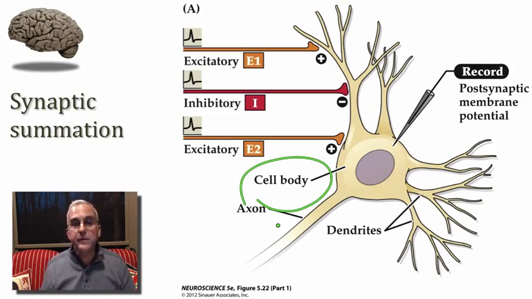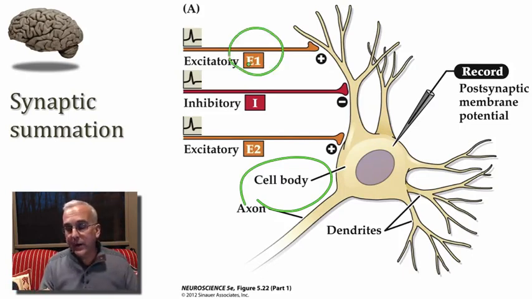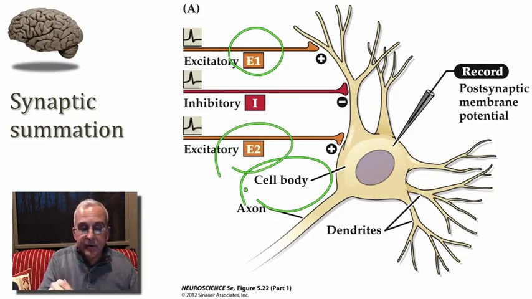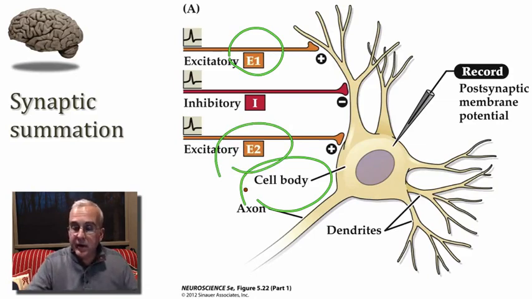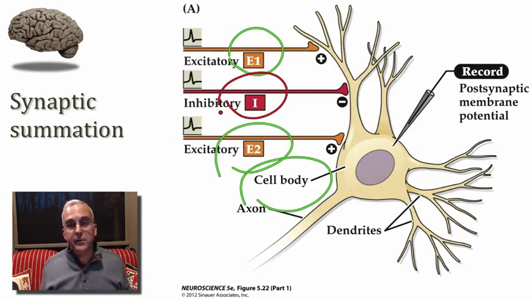We're illustrating 3 of them here. So we have an excitatory input that we call E1, another excitatory input that we call E2, and then an inhibitory input. Now, of course, if we're talking about a typical brain cell, there would be thousands of these inputs, some of which would be excitatory, some of which would be inhibitory. But we're going to keep things real simple and only talk about 3.